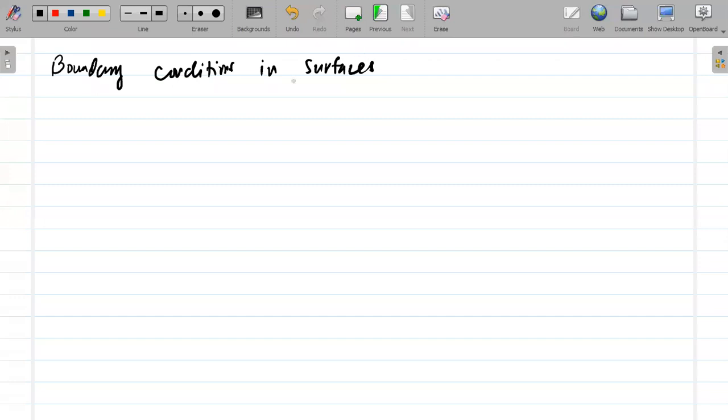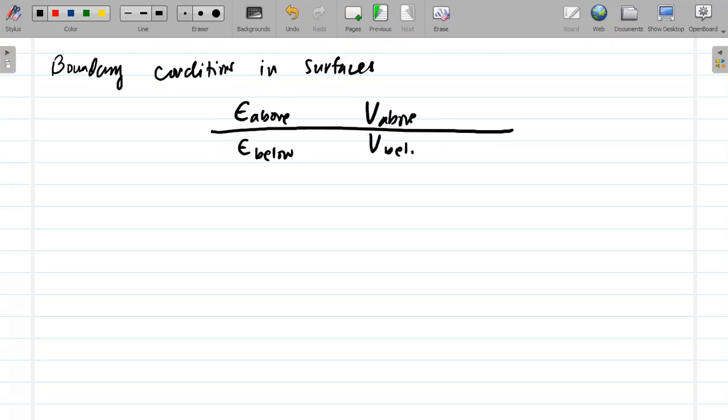This time naman, the potential. So, suppose meron tayong bounding surface dito. This is epsilon above, material above. This is material below, epsilon below. Meron kang potential above, meron kang potential below. Usually, dati, vacuum to. Puro epsilon naught lang yan. Now, i-generalize natin.